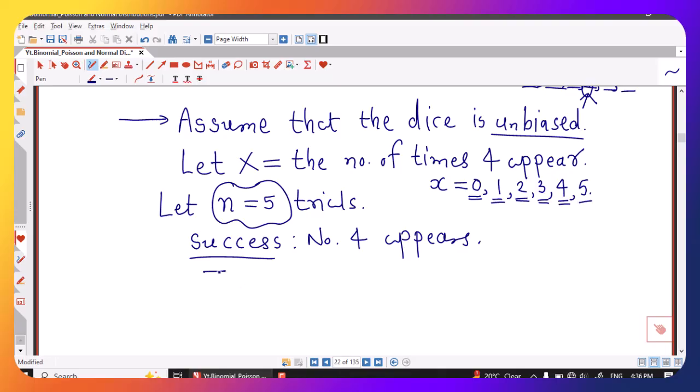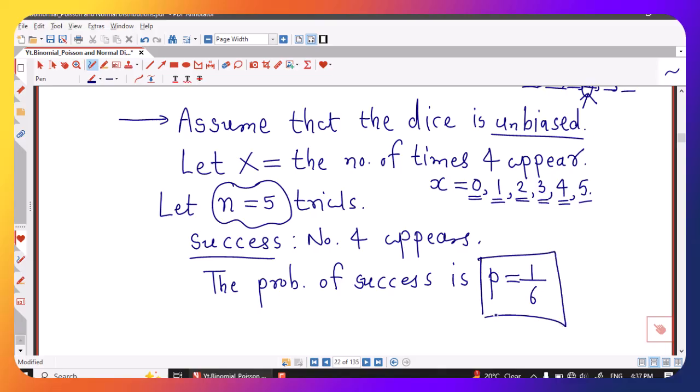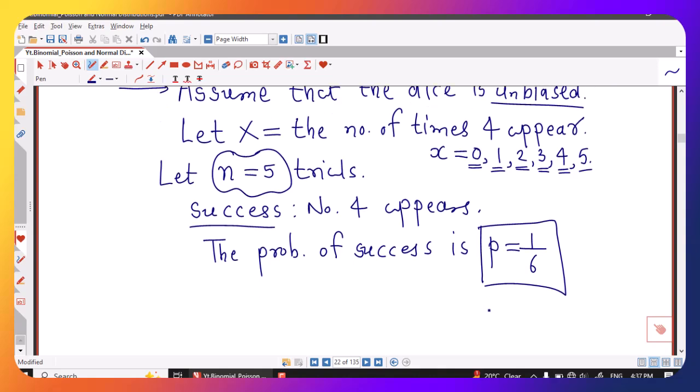So here we can write that the probability of getting 4, or probability of success, is small p equal to 1 by 6. So all the conditions of binomial experiment are satisfied. Therefore we can say that this capital X follows a binomial distribution with number of trials n equal to 5 and probability of success p equal to 1 by 6.